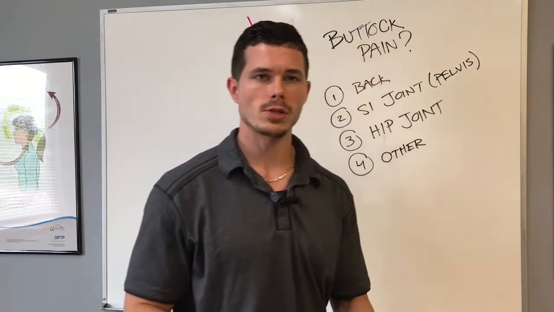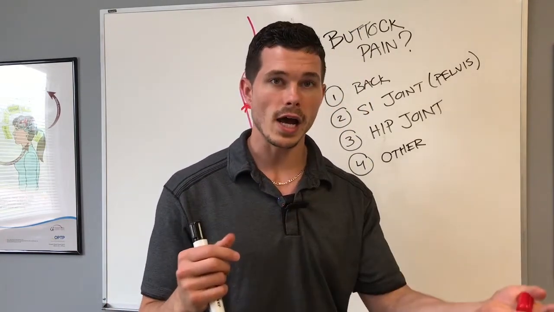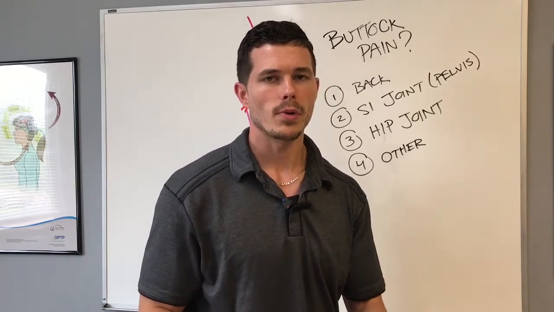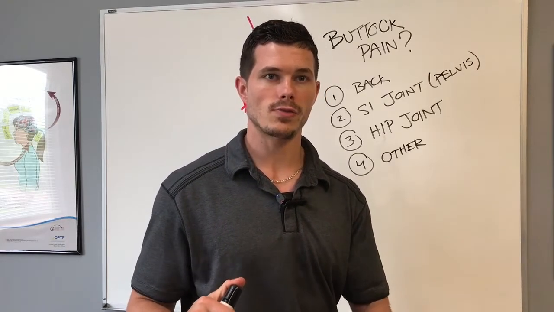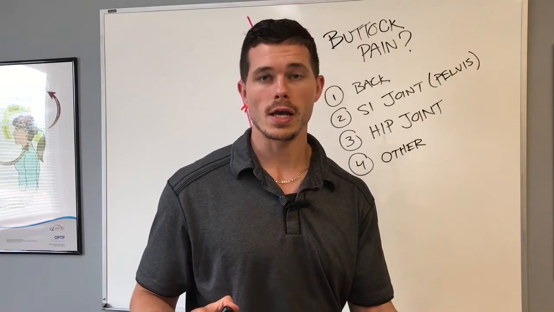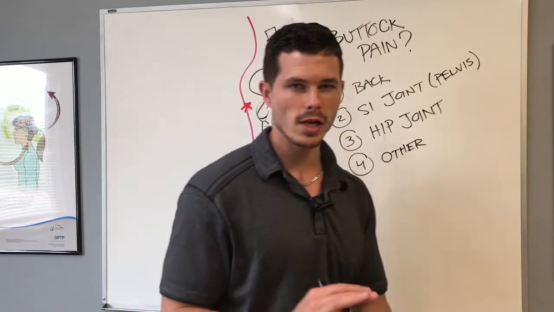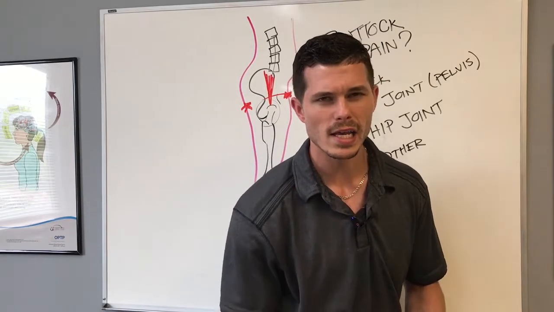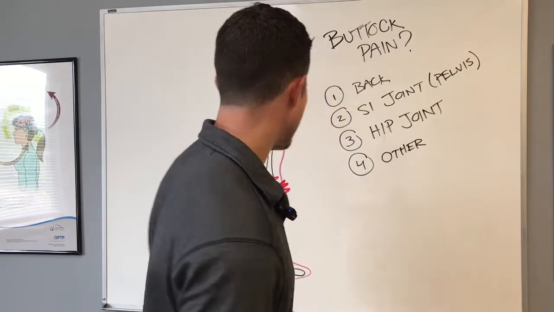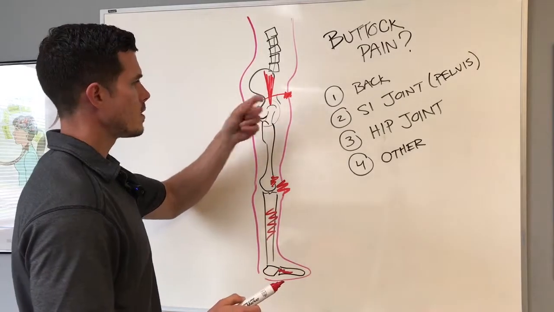It's almost like sciatica or a nerve problem, but in fact it's just from some of the muscles being irritated in or around the hip. It doesn't cause numbness or tingling. It just feels like a dull, achy pain that goes down the leg, and that can all be from the hip.